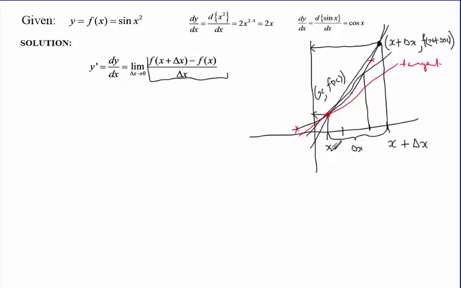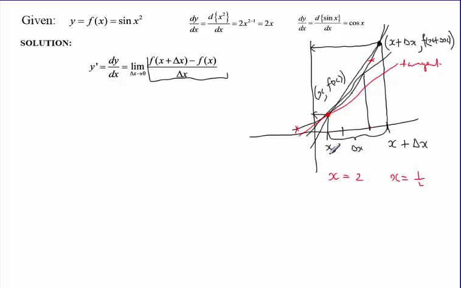But if this point x is just a general point, what do I mean by general point? I can choose a particular point, such as x equals 2. I do this, I'll get a slope at x equals 2. If I choose x equals half, I do this, I'll get a slope when x is equal to half.